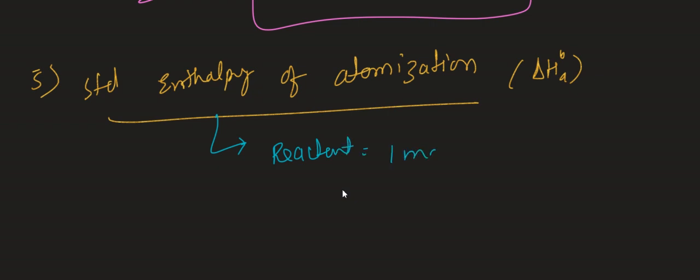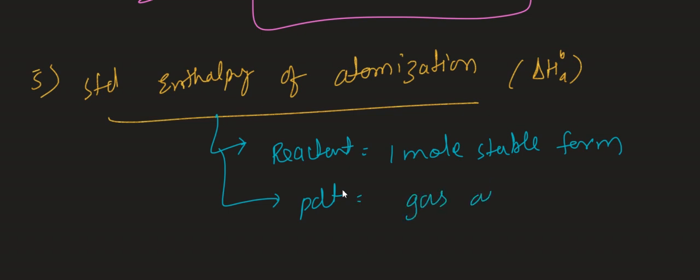The reactant must be 1 mole in a stable form. Second, the product must be gas atoms. Atomic form should be there and it must be in gas form.